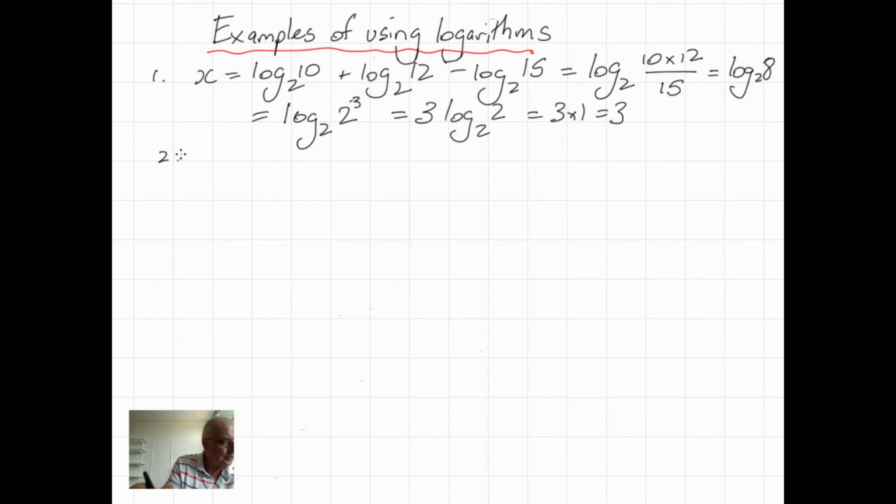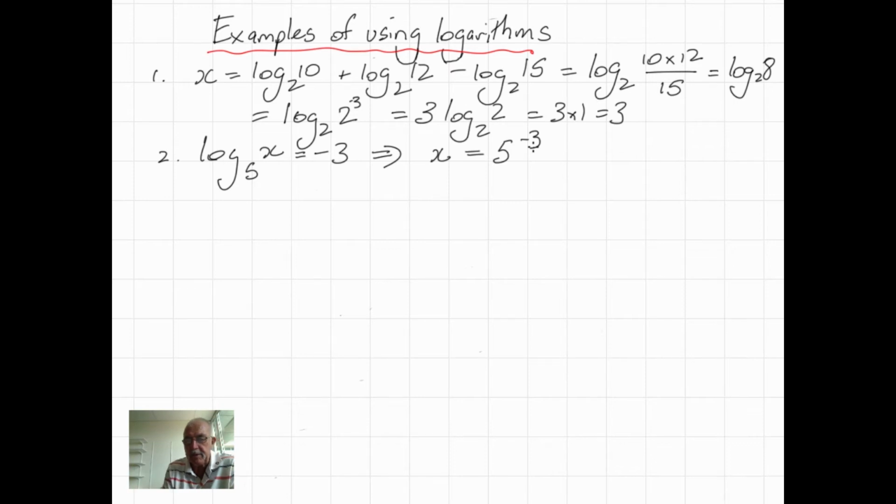Okay, number 2, we've got log of x to base 5 equals -3, and we've got to find the value of x. We go back to our definition. From the definition, if log of x to base 5 is equal to -3, then x equals 5 to the power of -3.